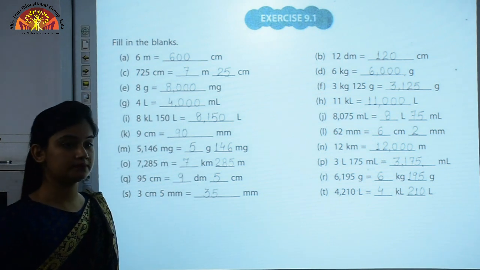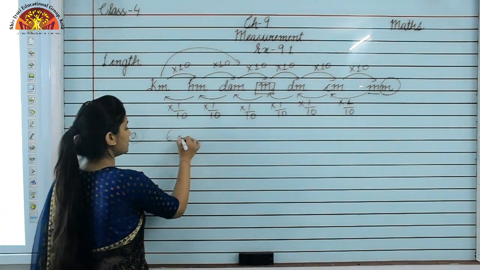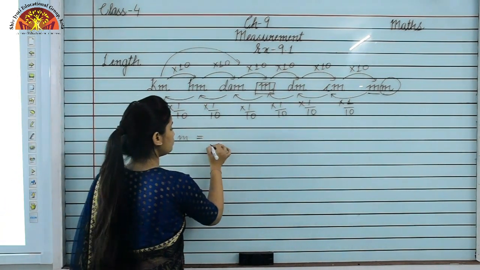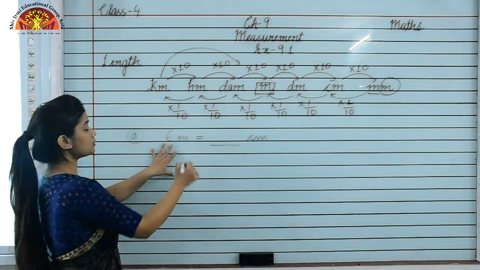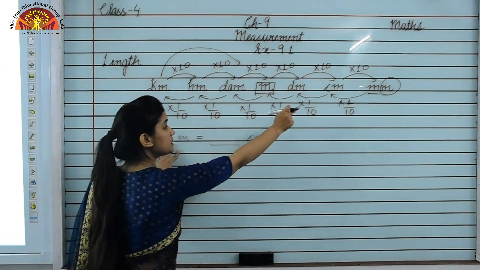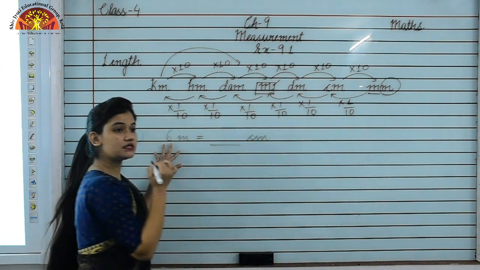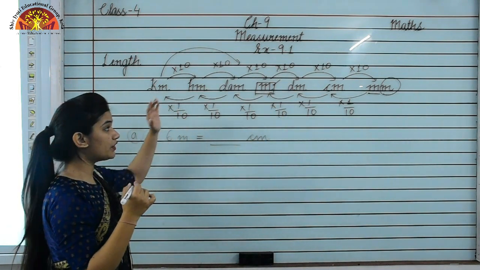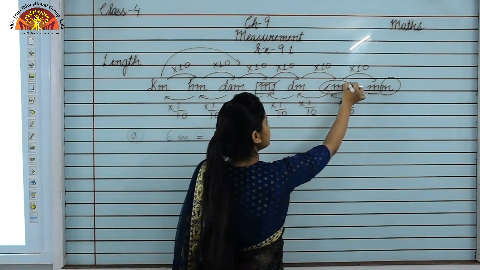Just have a look here. We have to convert 6 meter into centimeter, right? First of all, we have meter, so we have to observe meter in this table. Where can we see meter? Here. This is meter. Now we are converting meter to centimeter, so we have to observe centimeter.